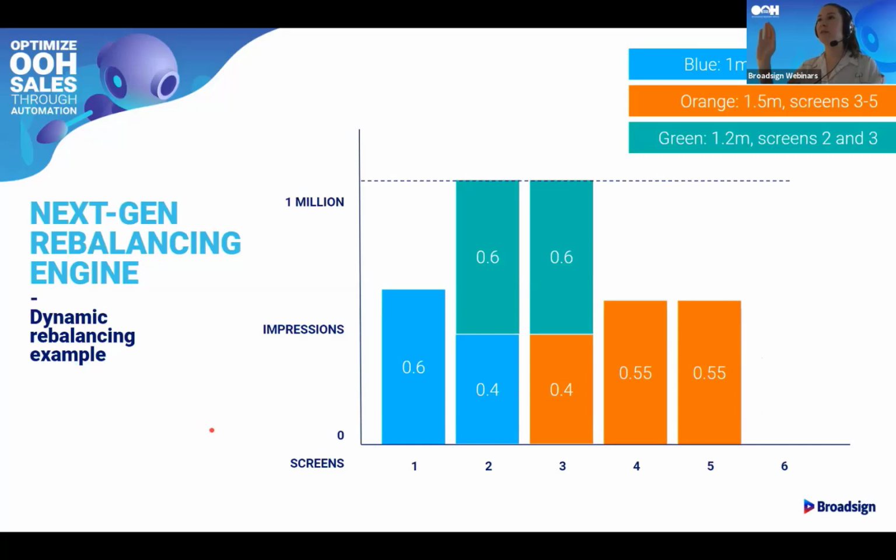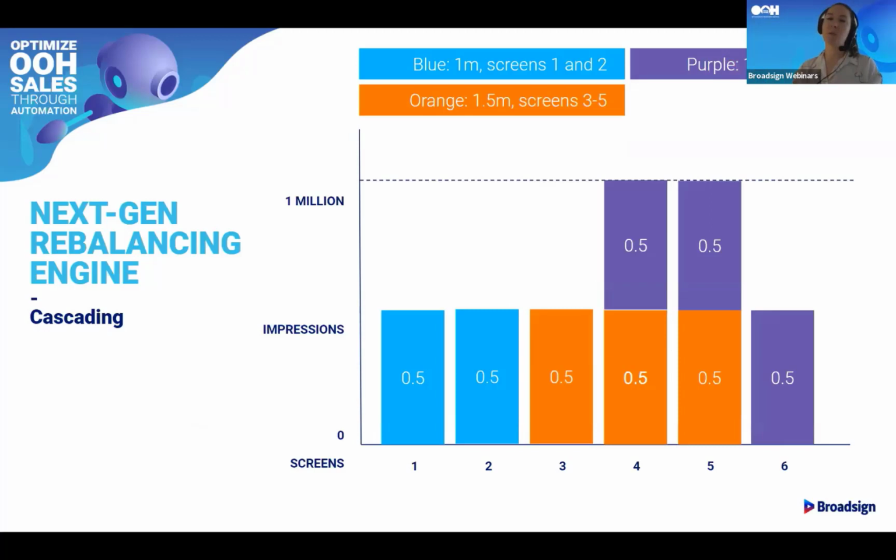Here you're therefore able to fit in 3 campaigns and meet their objectives. Now, obviously this is a simplistic scenario, and oftentimes you will have more campaigns being rebalanced, and sometimes even indirectly related campaigns are going to be rebalanced, and that's what we call cascading.